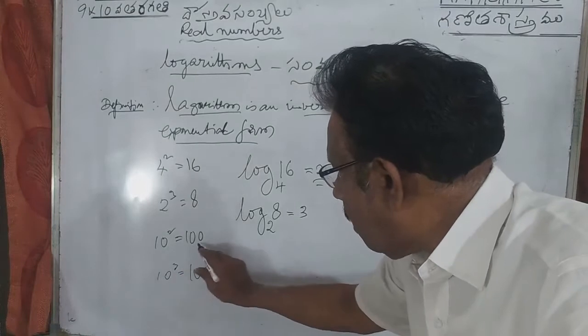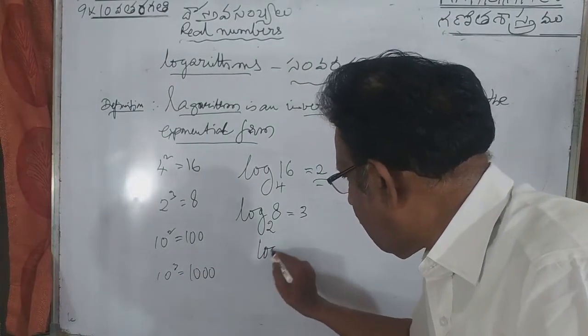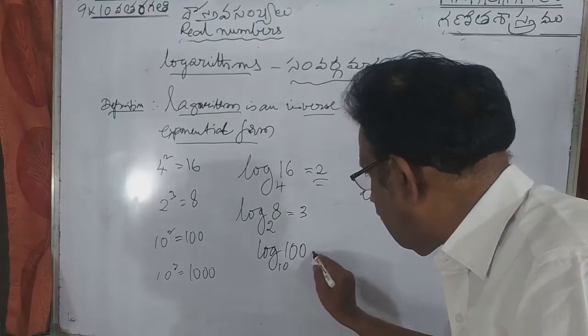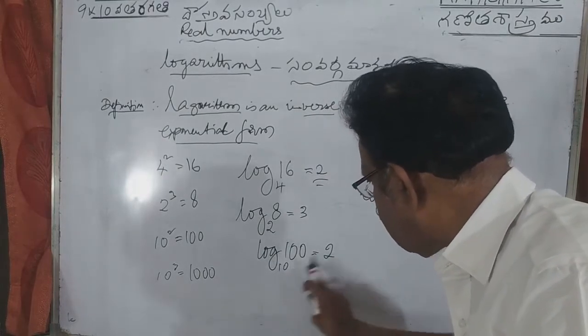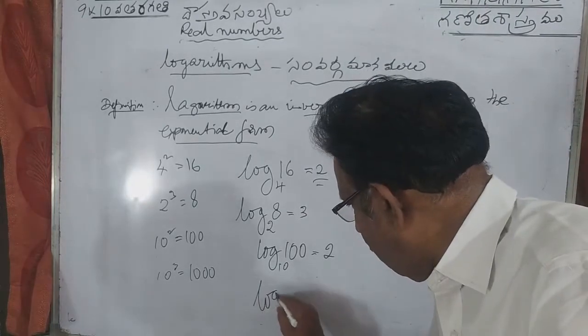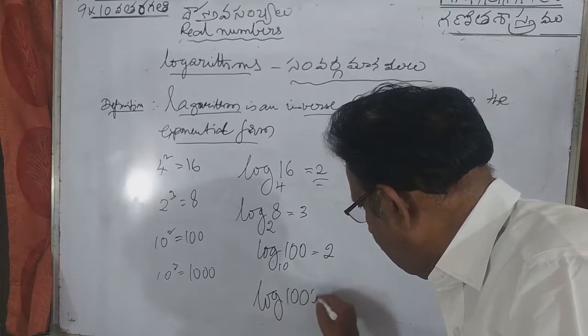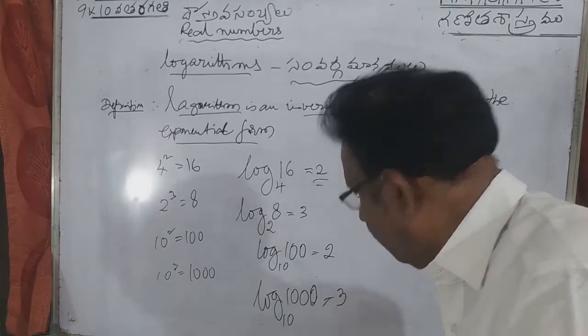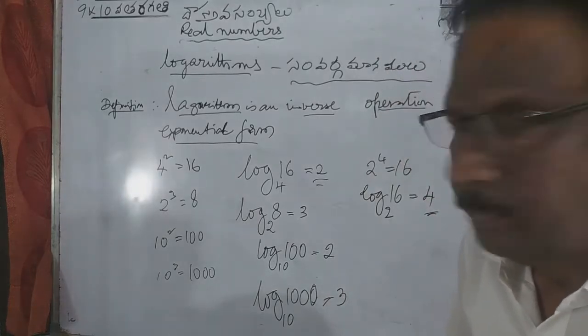Now see, 10 square is equal to 100. That is logarithm of 100 to base 10 is equal to 2, because 10 square is equal to 100. And logarithm of 1000 to base 10 is equal to 3. You understand?